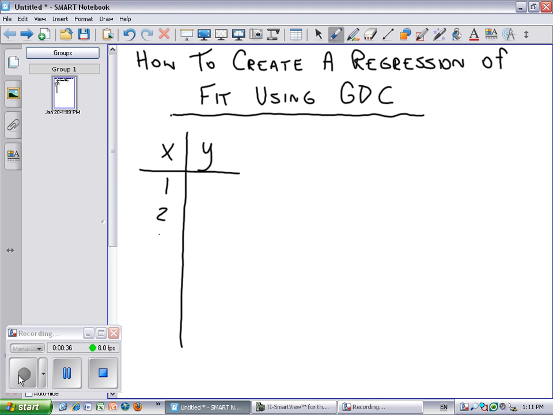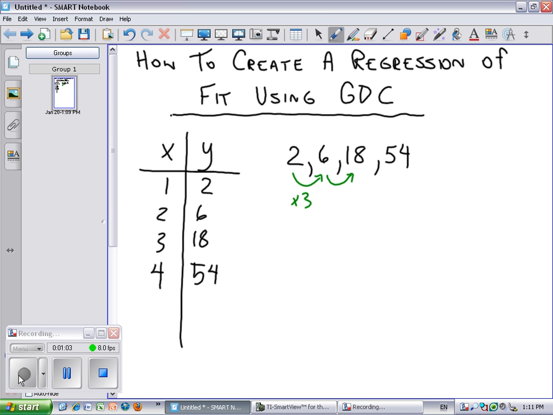1, 2, 3, 4. I'm going to use a set of data that we are familiar with from last year. I'm going to use a sequence of 2, 6, 18, 54. So term 1 I'm going to call 2, term 2, 6, 18, 54. Remember that as being a geometric sequence from last year, where the next term is found by multiplying by 3.